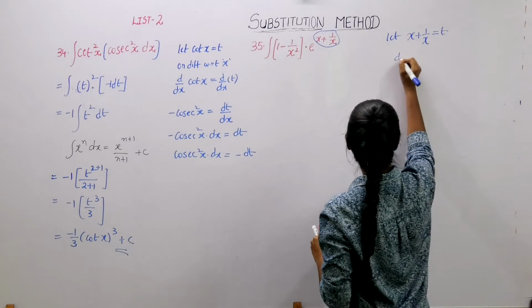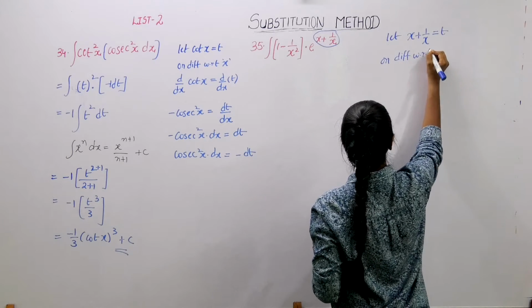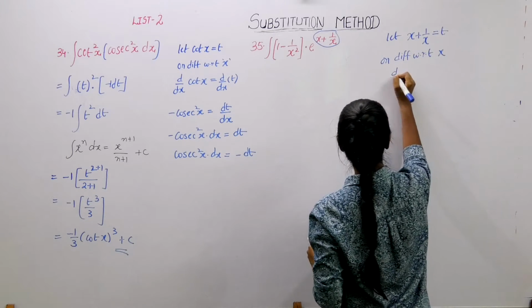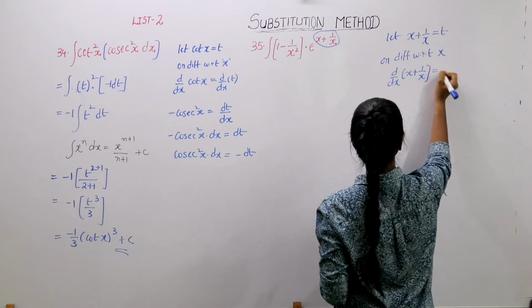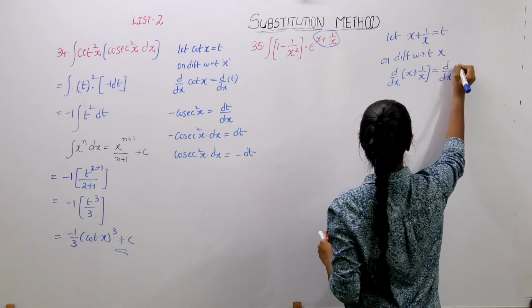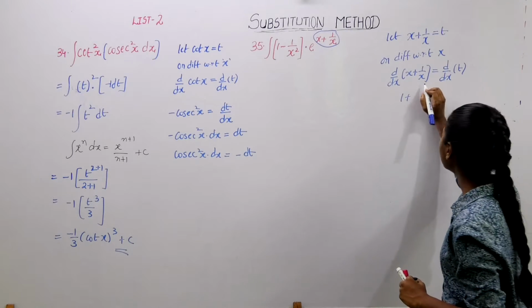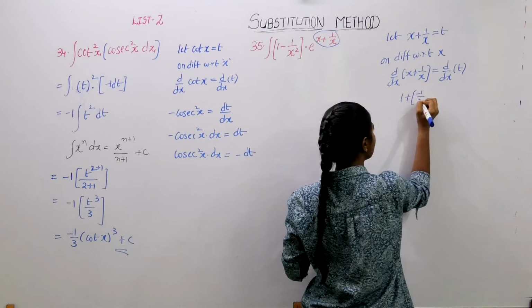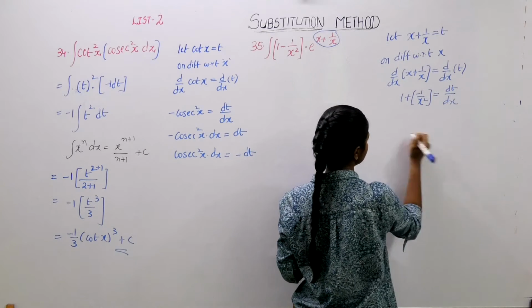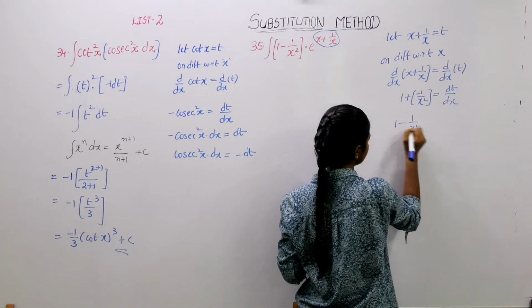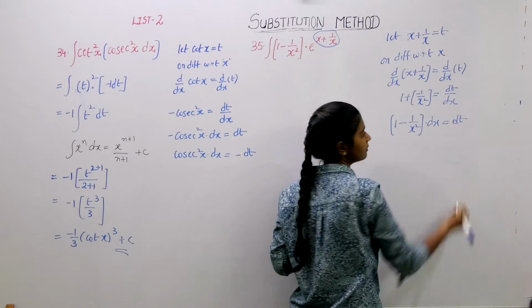Then, on differentiating with respect to x on both sides, d by dx of x plus 1 by x is equal to d by dx of t. d by dx of x is 1, plus d by dx of 1 by x is minus 1 by x square. It is equal to dt by dx. Now, 1 minus 1 by x square into dx is equal to dt.